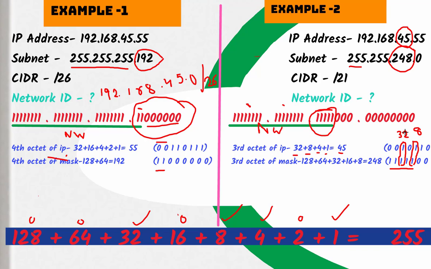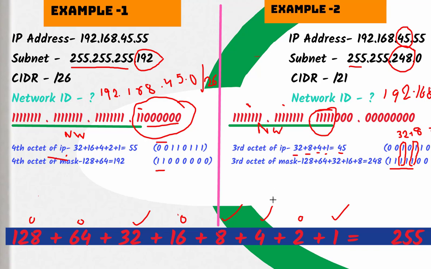So that means the network ID would be 32 plus 8 equal to 40. So the network ID would be 192.168.40.0/21, right?